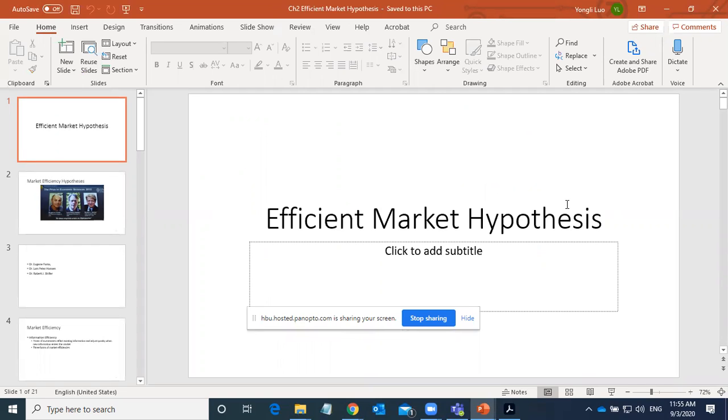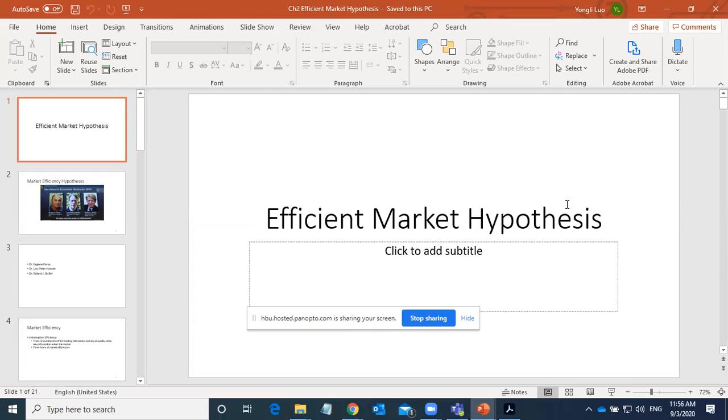Okay, so the market efficiency is called the efficient market hypothesis. When you talk about this thing as a hypothesis, that means it's an assumption. So you assume that the market is efficient.